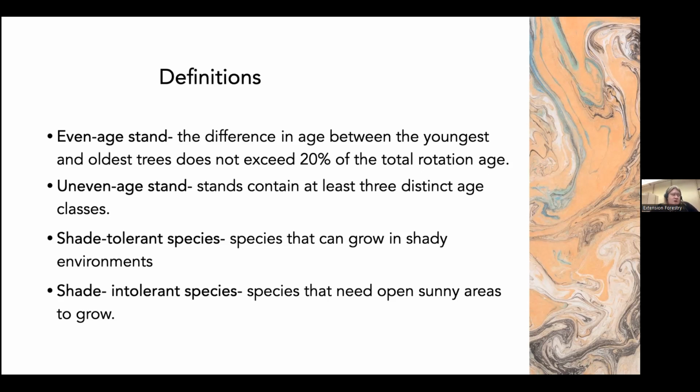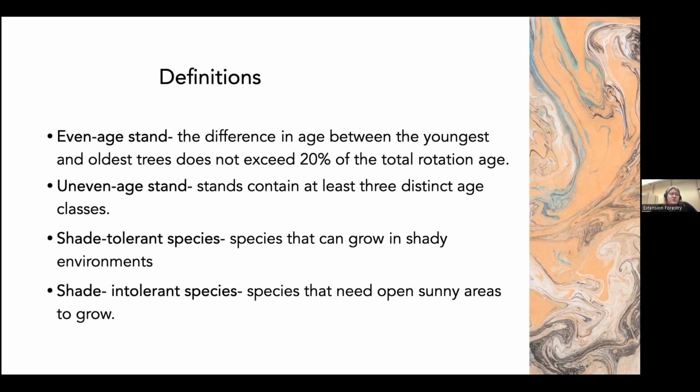Another thing we're going to be talking about is shade tolerant species and shade intolerant species. Depending on what kind of species you're trying to have on your land, you are going to do different management activities depending on if they are shade tolerant or shade intolerant.